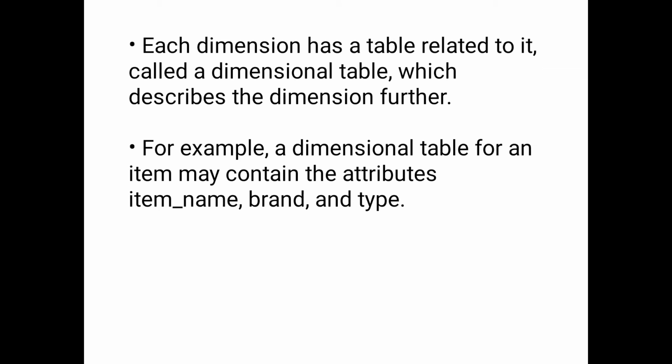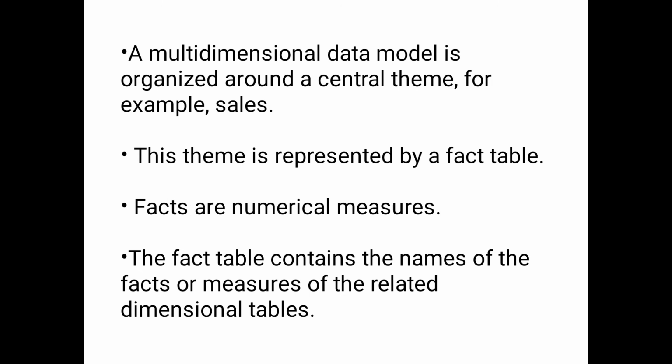Each dimension has a table related to it called a dimensional table, which describes the dimension further. For example, a dimensional table for an item may contain the attributes item name, brand, and type. A multi-dimensional data model is organized around a central theme, for example, sales.